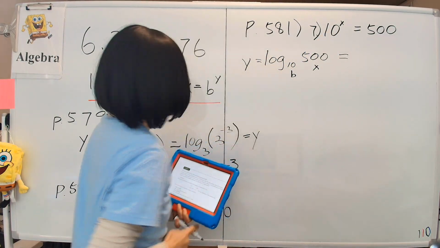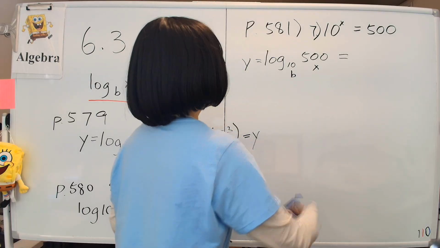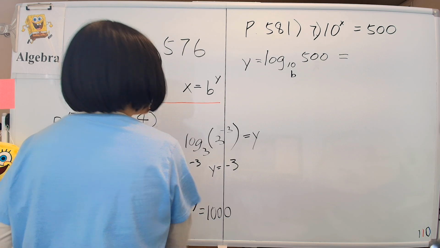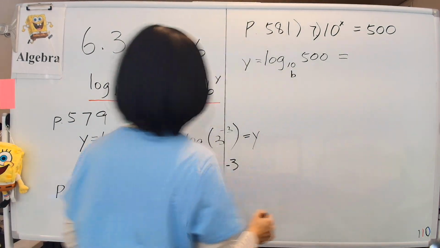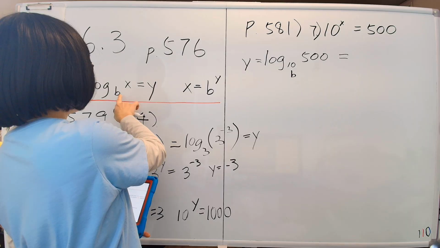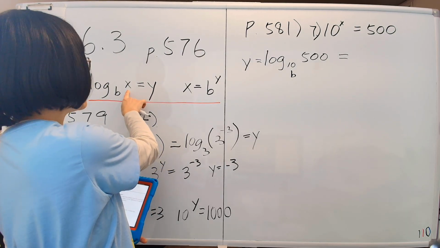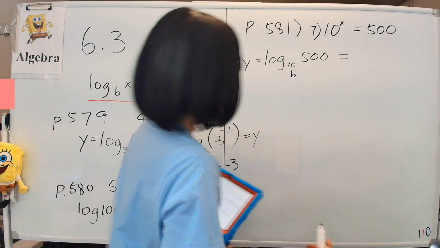Wait a second, did I get it confused? Well, for this problem, they reverse the role of x and y, so we're not going to call it that, okay? The point is that 10 to what power equals 500, which is the same as saying the base to what power equals 500, okay? That is what we're looking for. So make sure this checks out, and that's about it.